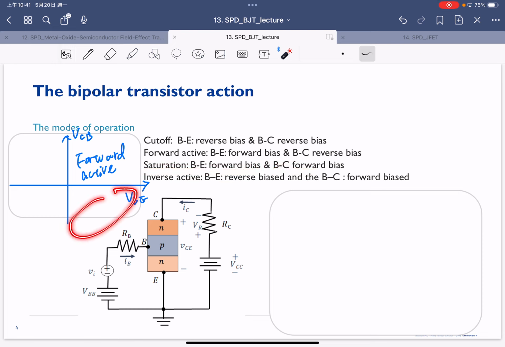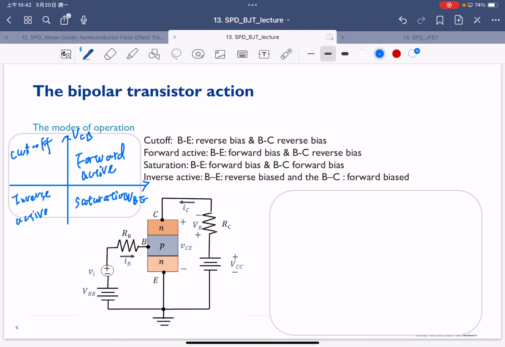We call that the saturation region. And therefore, we can also have the region where both PN junctions are reverse biased, or just a completely reverse operation compared to the forward active. We call that the inverse active here.